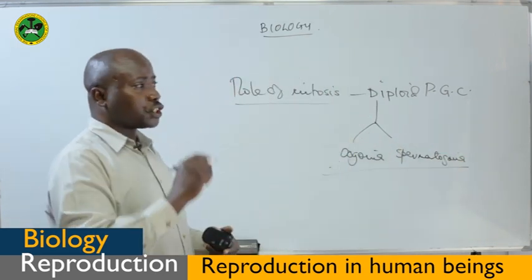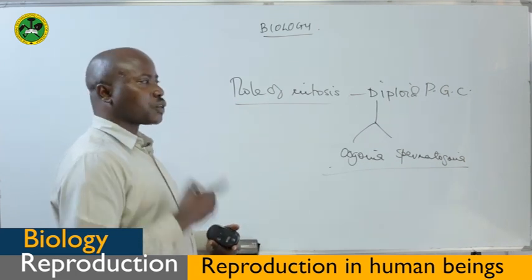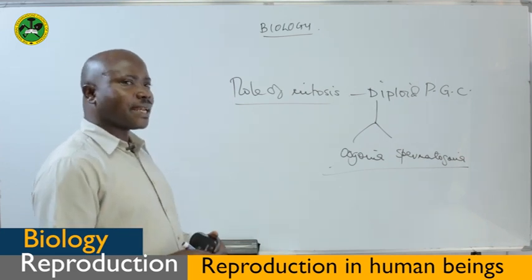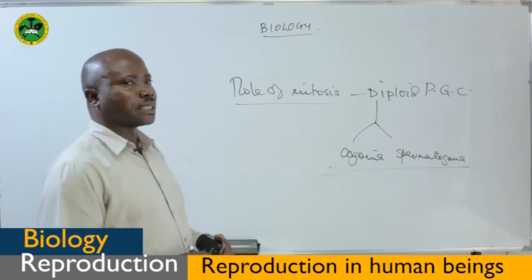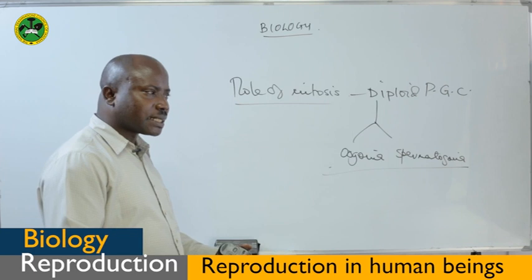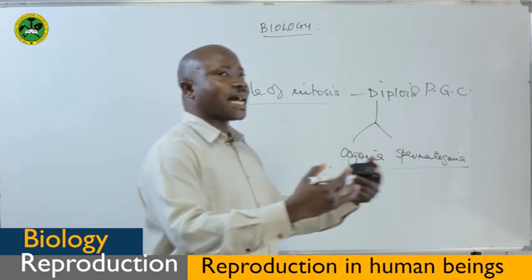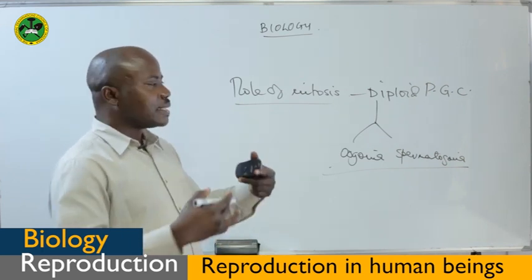So you need to refer back to the importance of mitosis in the first stage of any gametogenesis in human beings or mammals, in which the diploid cells undergo cell division a number of times to produce a large number of diploid cells.